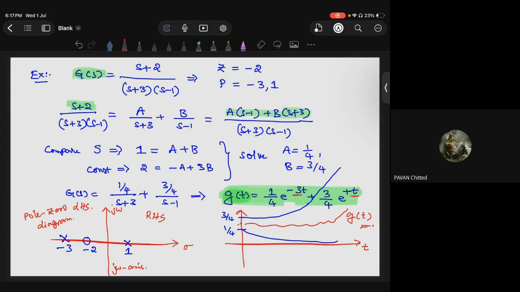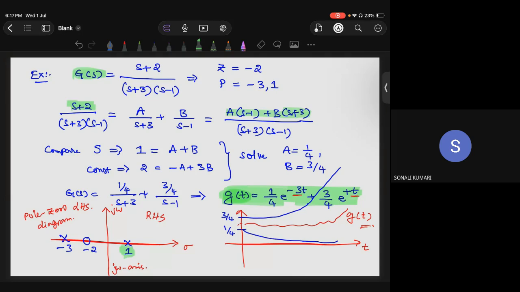What is the reason? Each term is causing it not to go to 0. Each term, e to the power plus t. Okay, that e power plus t is due to what? The pole on the right side. Yes. Okay.